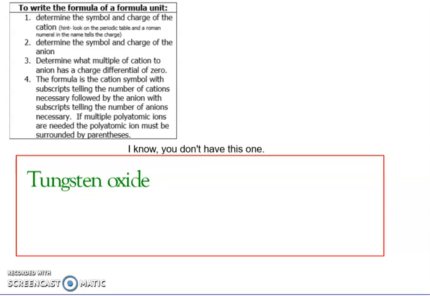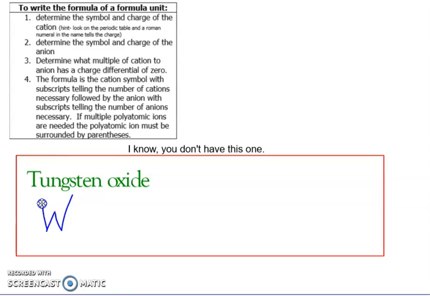Tungsten oxide. Try this one. I will tell you that tungsten has an odd symbol. Tungsten's original name way back when was wolfram. So tungsten's symbol is W. I'll give you that much. So work through that. Look on your periodic table.